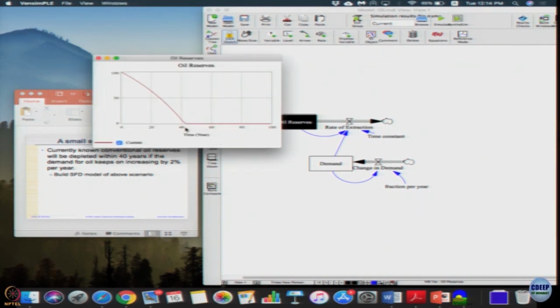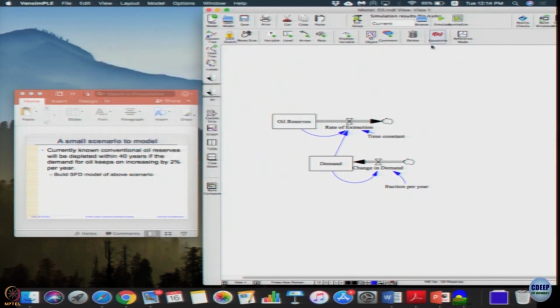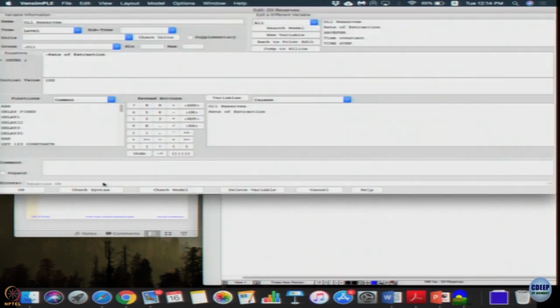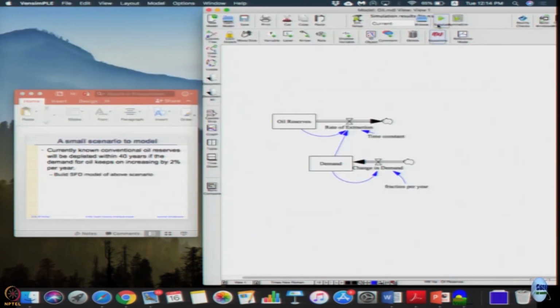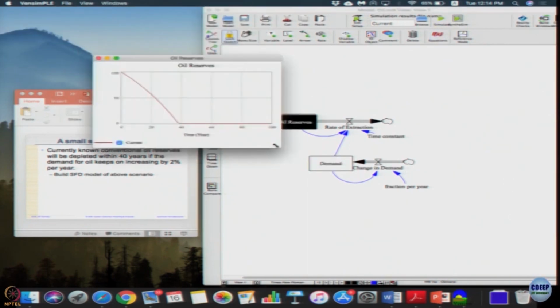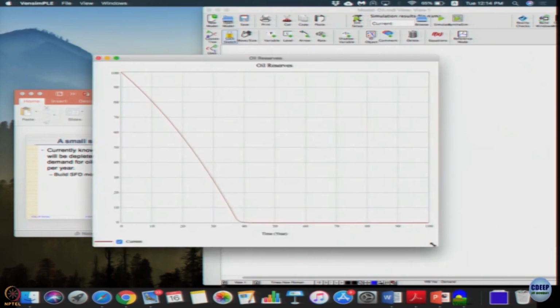Comes to slightly more than 40 years. If you want to give it exactly around 40, perhaps I should try say 1.75. Somewhere close to 40 it is able to deplete itself if you assume 1.75 starting point.